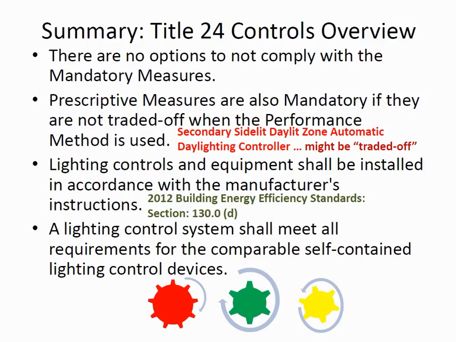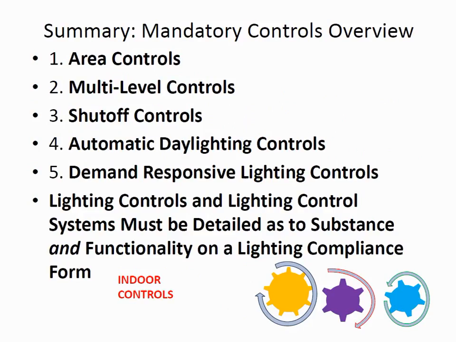Controls must be installed per manufacturer's instructions per 130.0D of the Building Energy Efficiency Standards. Systems, remember, systems must meet all the Title 20 requirements for the standalone controls that they replace, and any mandatory control behavior that is specified by Sections 130.1 and 130.2 of the Building Energy Efficiency Standards as well.